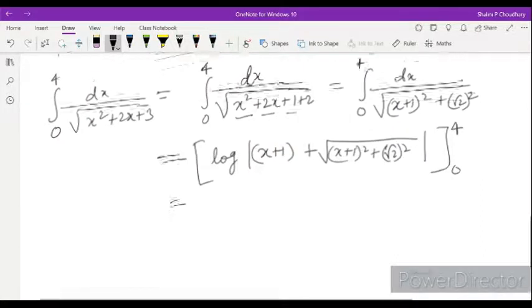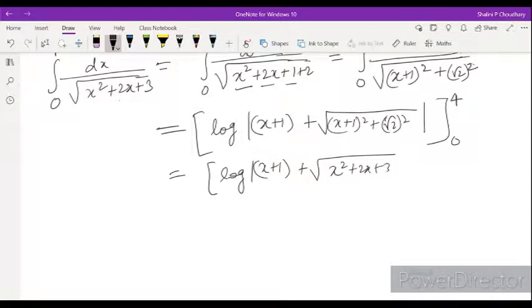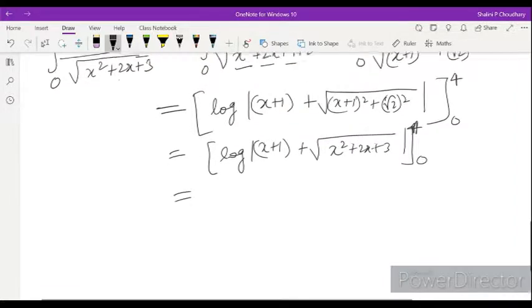So now what we have to do: x plus 1 plus, from where we started, x plus 1 whole square plus square root of 2 whole square gives the same value x square plus 2x plus 3. Now the interval is 0 to 4, so what value will we get?